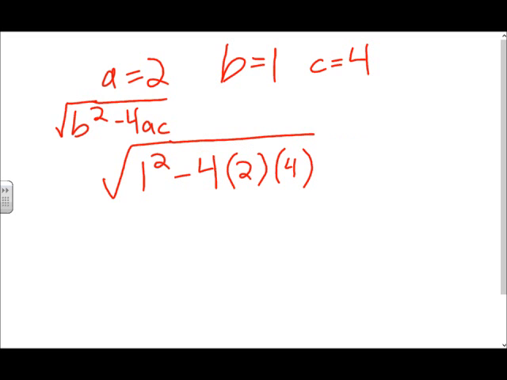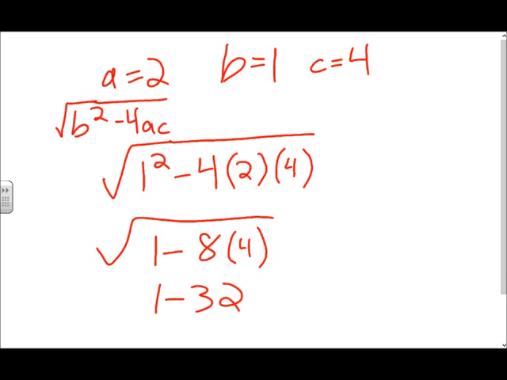Now, all you have to do is simplify this down and then find the square root of it. So if you simplify it, it goes down to 1 minus 8 times 4. Then 1 minus 32.